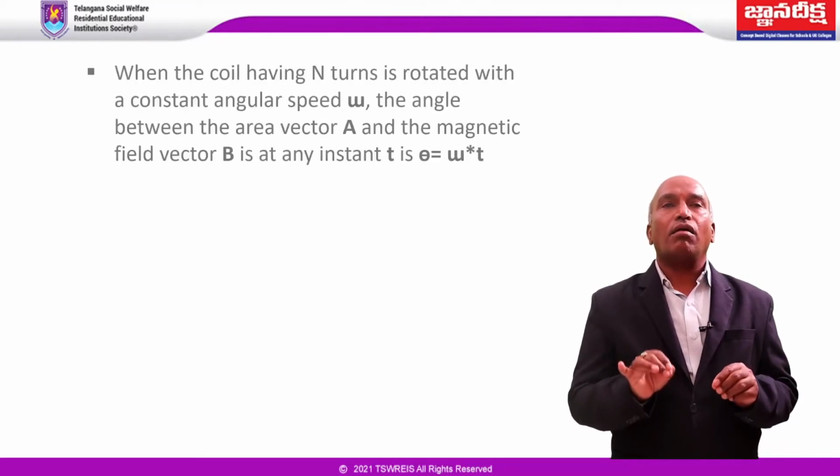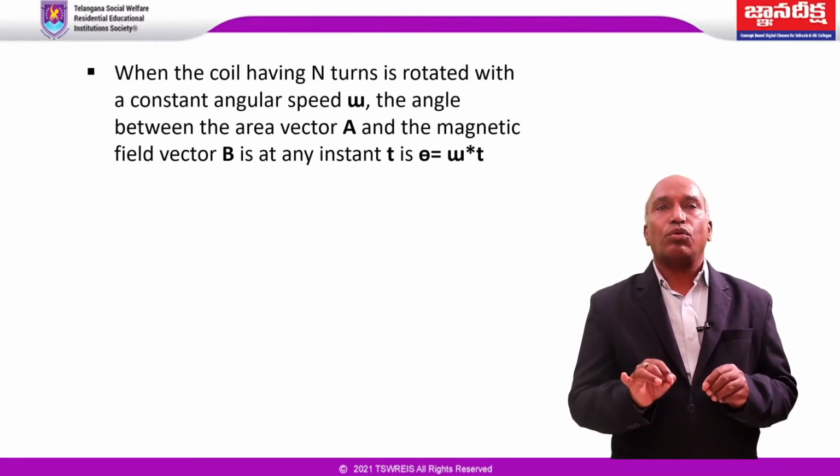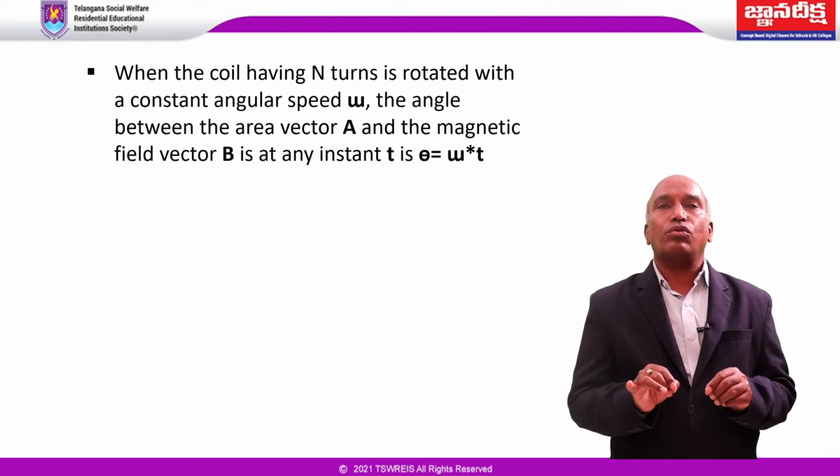When the coil having N turns is rotated with a constant angular speed omega, the angle between the area vector A and the magnetic field vector B at any instant t is given by theta equals omega t.